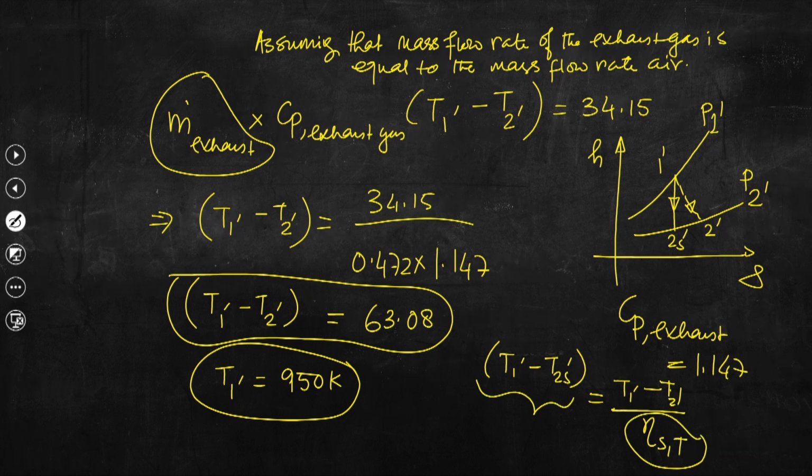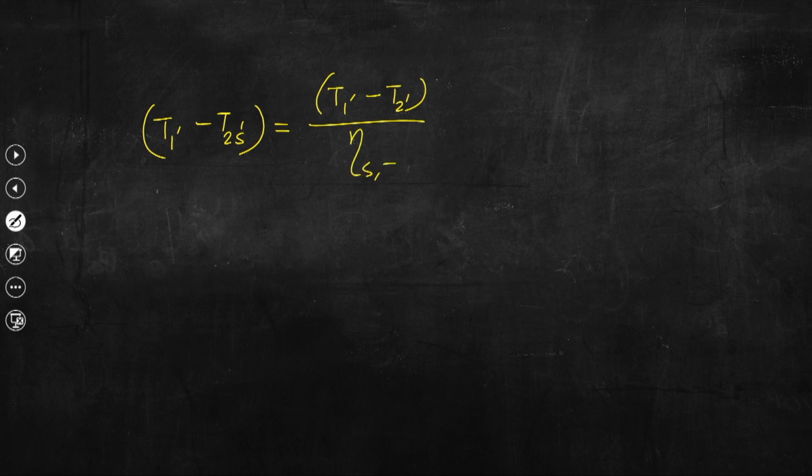So, if we go to the next slide, we can easily calculate T1 prime minus T2s prime, that is equal to T1 prime minus T2 prime divided by eta s turbine, and this is 63.08 divided by eta isentropic turbine, given as 0.6 if I can recall correctly.